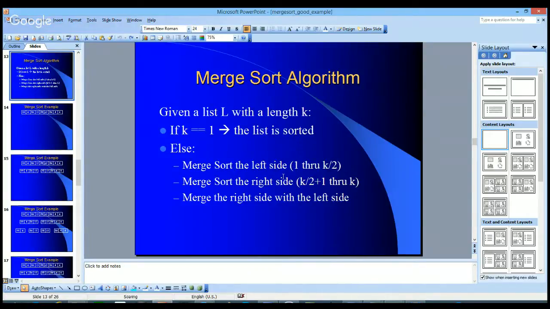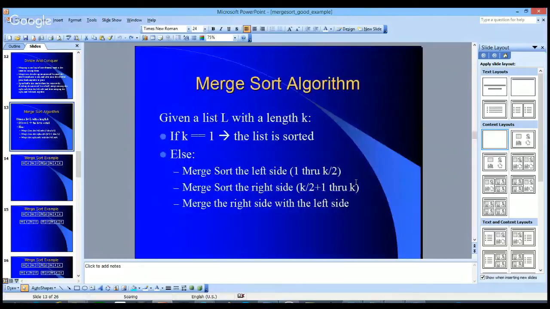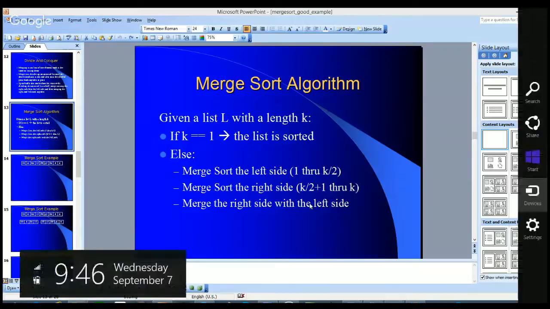The first part goes from 1 to K/2, the halfway mark, and the other list goes from K/2 plus 1 to the last element K. Basically we are splitting it into two parts, and then we start merging the left part with the right part, considering them to be sorted.